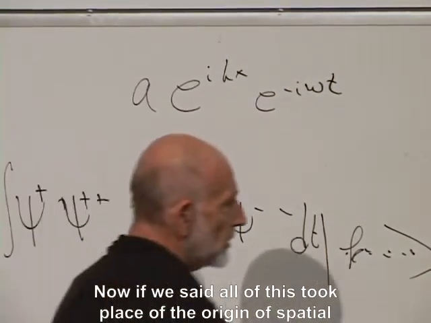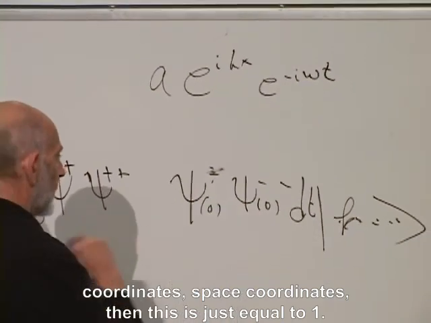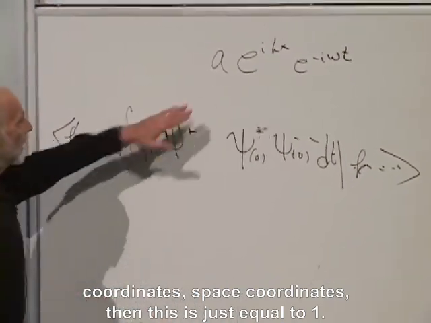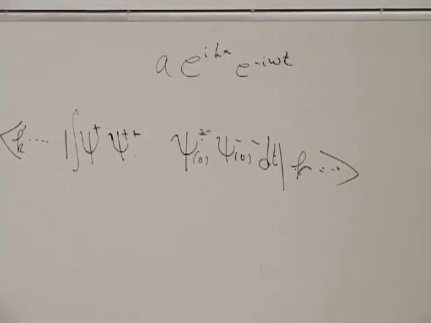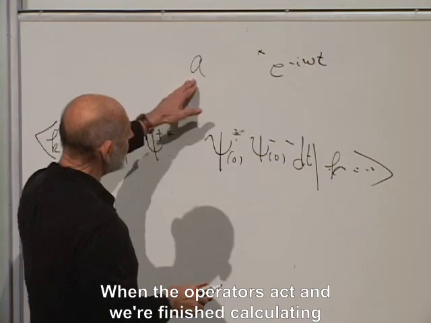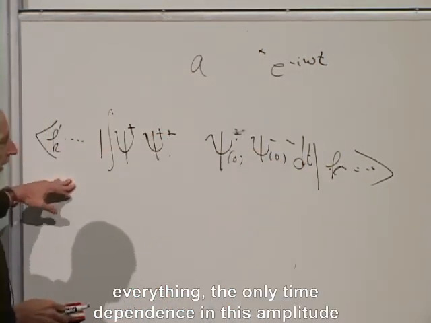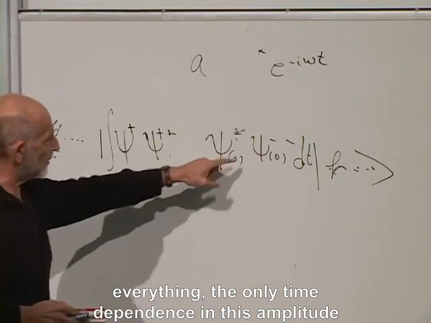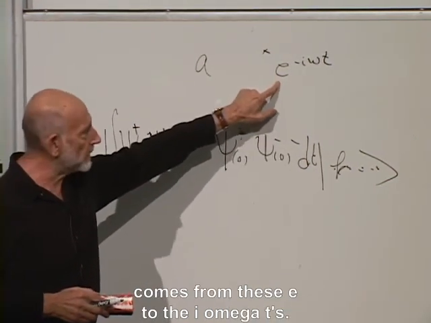Now, if we said all of this took place at the origin of space coordinates, then this is just equal to 1. And when the operators act, and we're finished calculating everything, the only time dependence in this amplitude comes from these e to the i omega t's.